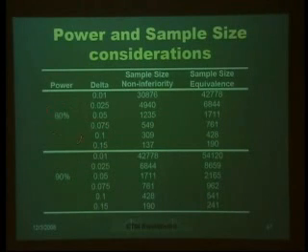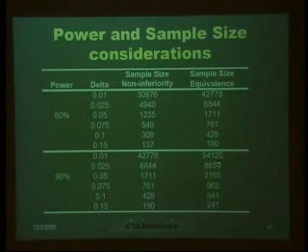As I told you, I want a large power, and we can see that the smaller the delta, the bigger the sample size I need. Larger power, bigger sample size, which makes sense.